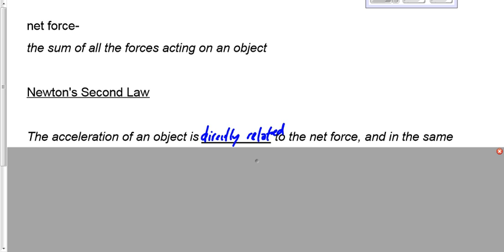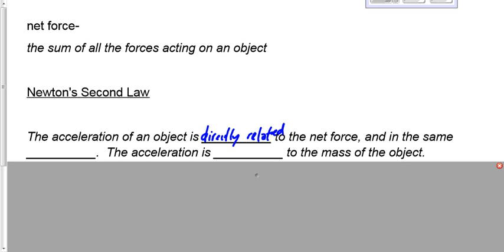Now, it's also in the same direction as the net force. So if I push on something to the right, the acceleration will be to the right. If I push on something upward, the acceleration is upward. Oh, wait a second. I think I just found one that contradicts that. Listen carefully. The object is falling, hits the ground, and comes to a stop.